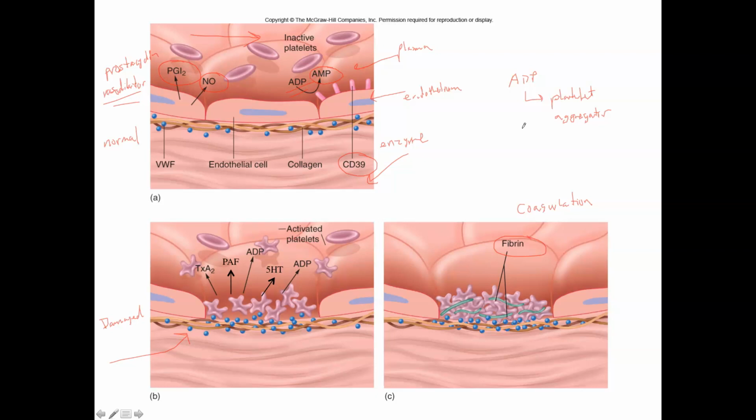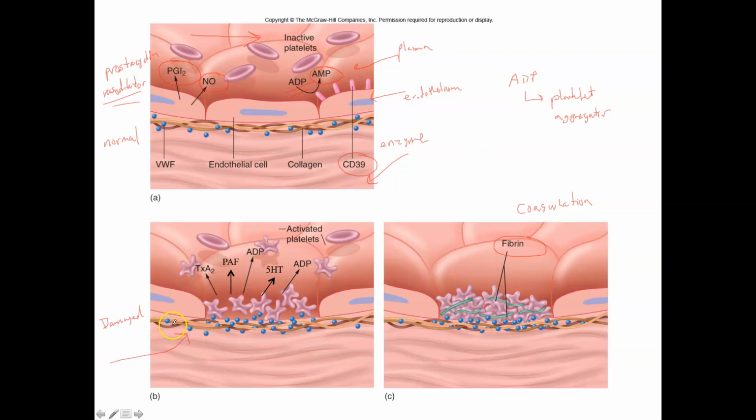So in a normal vessel, it's the prostacyclin, the nitric oxide, and the CD39 enzymes that are working together to vasodilate the vessel, to prevent platelet aggregation, and to allow the plasma and the formed elements to flow freely through the cardiovascular system. So what happens, though, when you have a damaged vessel?